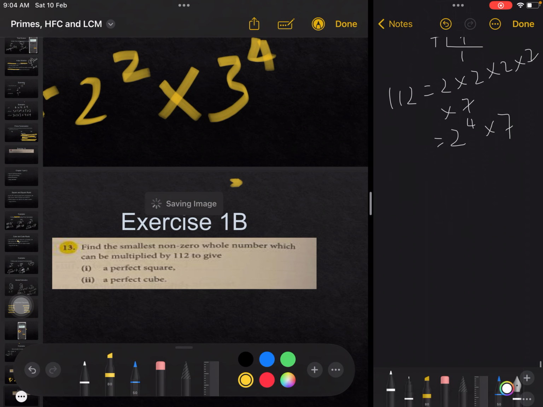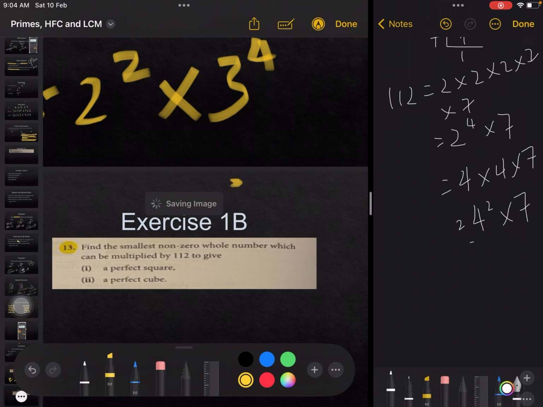To make it easier to see, I will combine 2 times 2 together, so 4 times 4 times 7, equal to 4 square times 7.